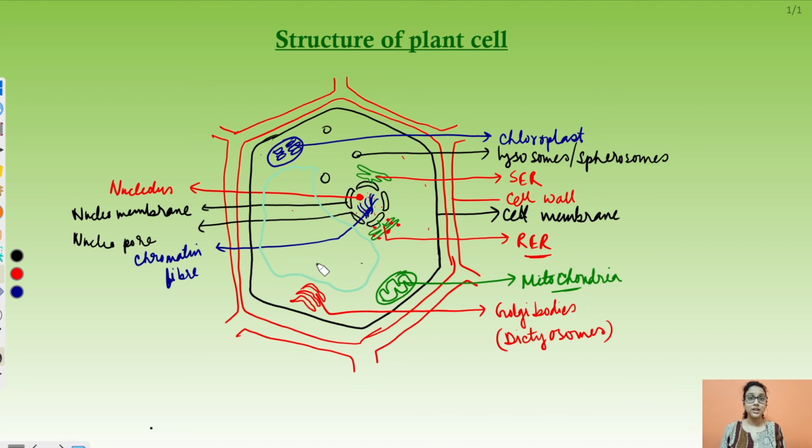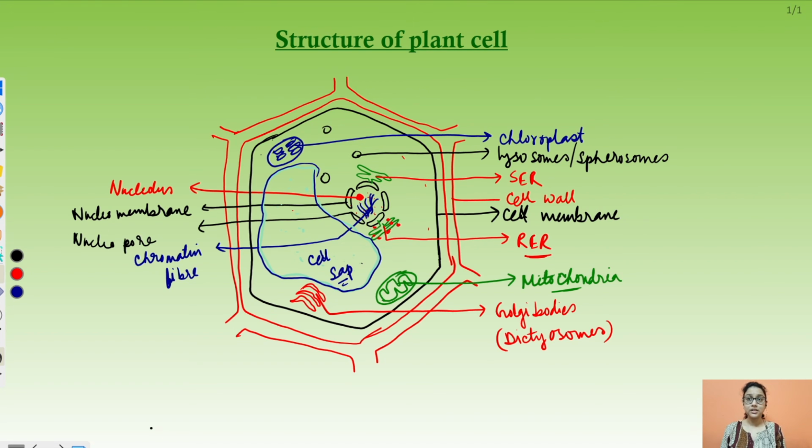Inside this large vacuole, there will be the presence of water, minerals and enzymes, and this is known as cell sap. In animal cells, we can also find some vacuoles, but these vacuoles will be smaller in size.